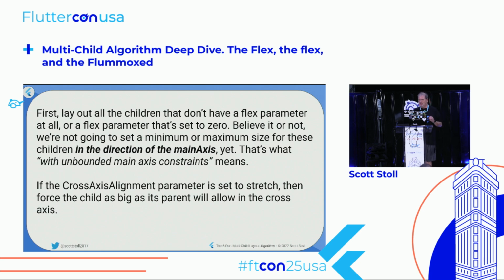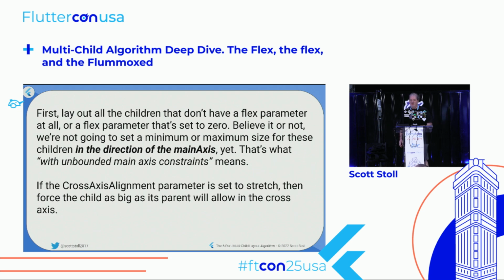It's not setting constraints on anything because it hasn't set the main axis sizes yet. So let's take a look at cross-axis alignment stretch. If the cross-axis alignment is set to stretch, then force everything to be as big as possible in the cross-axis. Why couldn't they just say that? We're going to run into a lot of this.